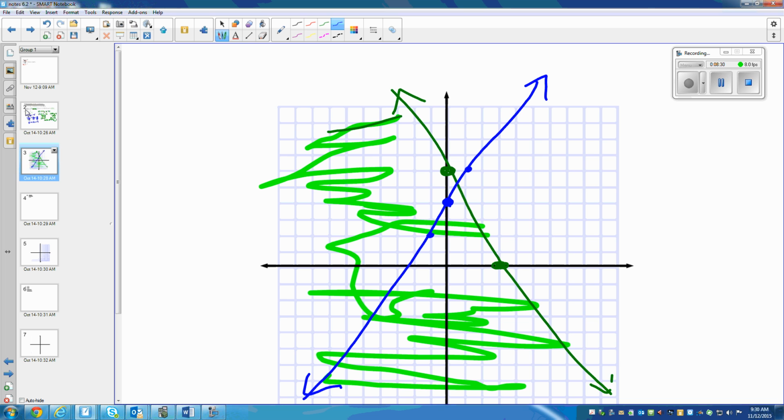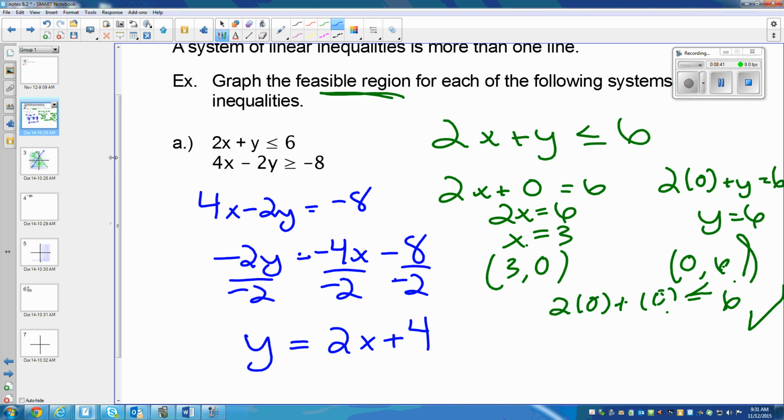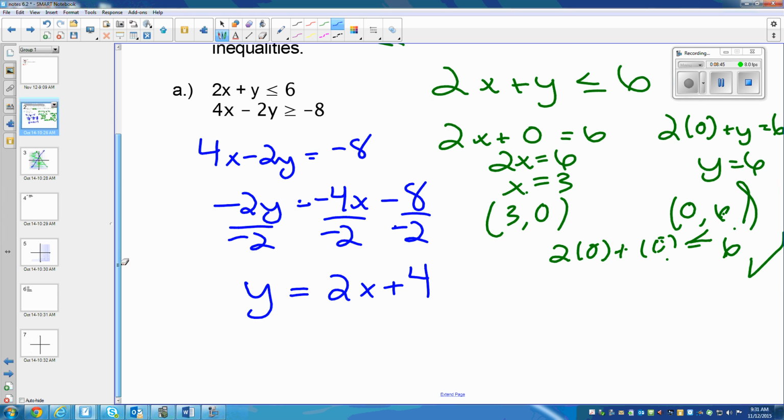Okay? So let's go back. Which question do I plug 0, 0 into? Always the original question. Okay? So, coming back here, 4 times 0 minus 2 times 0 is greater than or equal to negative 8. 4 times 0 is 0, minus 0, so is 0 greater than or equal to negative 8?